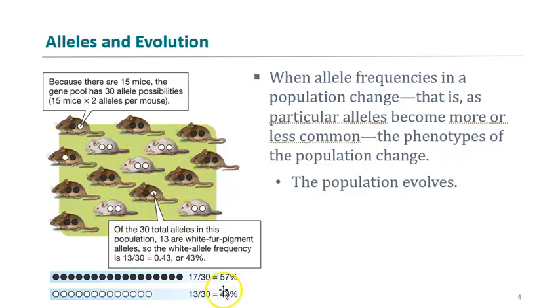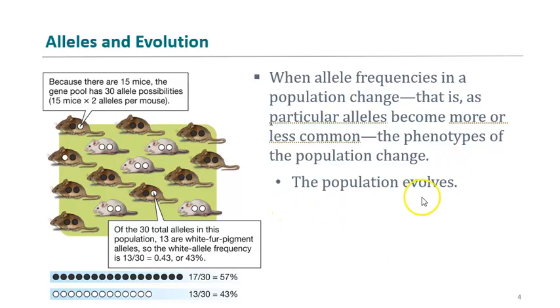So within this population, we know it's 57% brown and 43% white. But what if these percentages shift over generations and change? And maybe that's due to the fact that the environment is changing. And that's why we see changes in the allele frequencies. So these shifts in allele frequencies are what we're looking for when it comes to evolution.